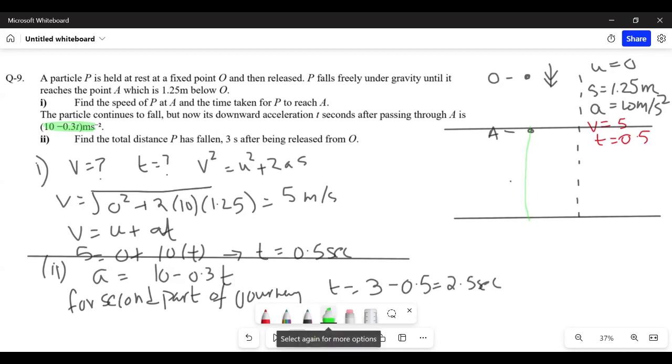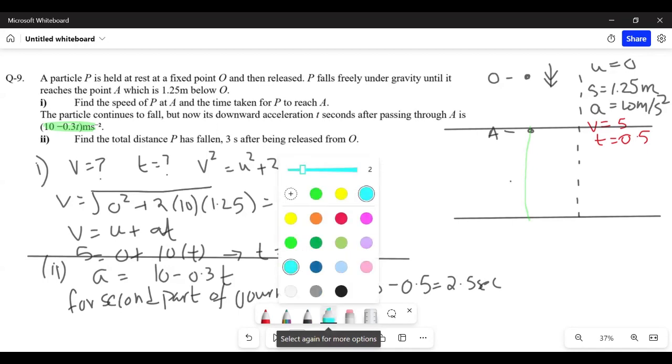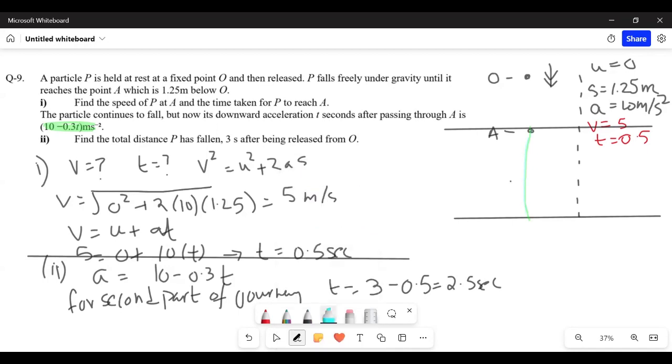I'm saying that it takes 2.5 seconds to go from here till here, because time here is 0.5 seconds and time here is 3 seconds. So the total time taken for the second part of the journey is going to be 2.5 seconds. So for the second part, t is equal to 2.5 seconds from 3 minus 0.5. Okay. Now we have to find the distance.